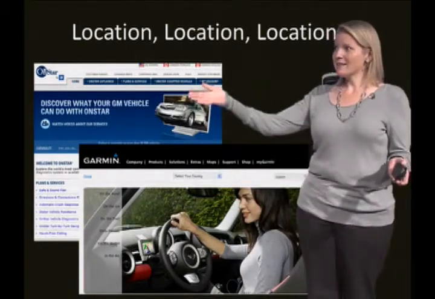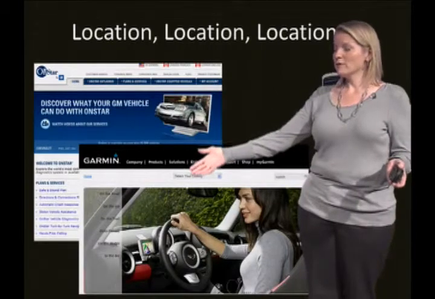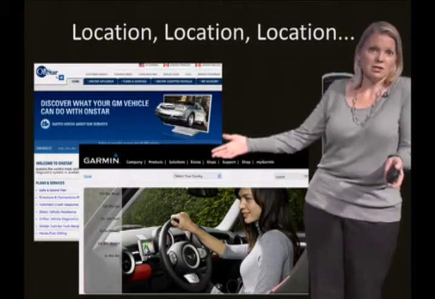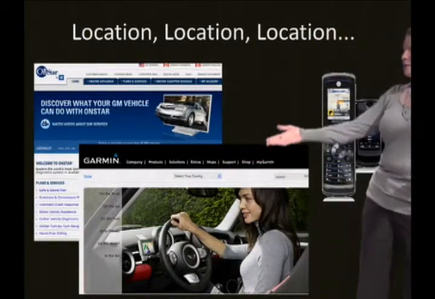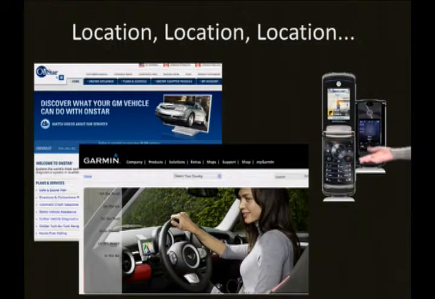We've got access to things like OnStar, right? We've got a Garmin in our car or a navigation system. Maybe you have a TomTom or a Magellan, right? Or even if we look at this, we've got our cell phones. Every cell phone today has a GPS unit in it. That's the commonality of all three of these things. OnStar, your navigation system, and the GPS unit in your cell phone all help provide location, location, location.